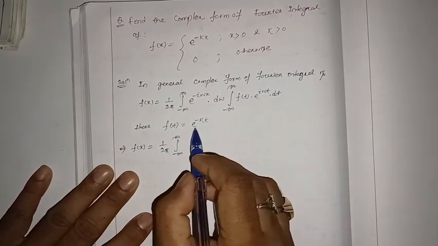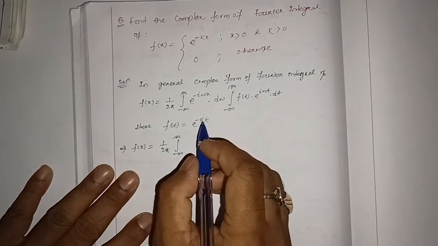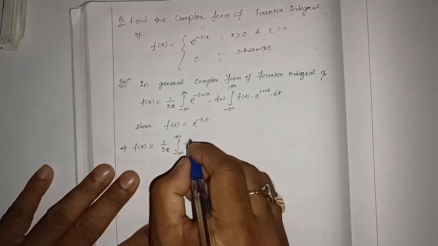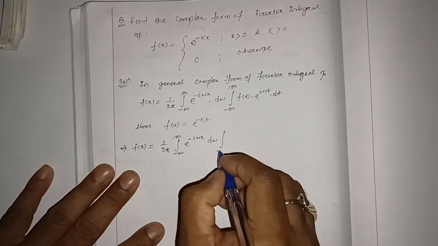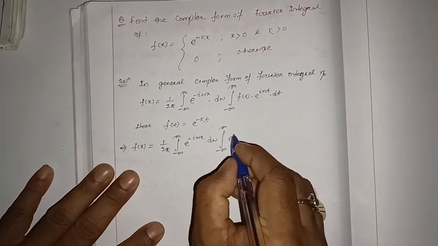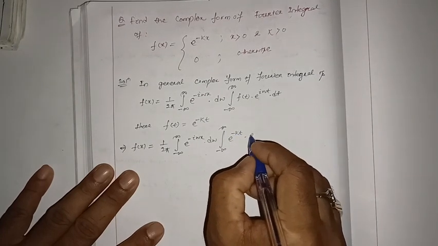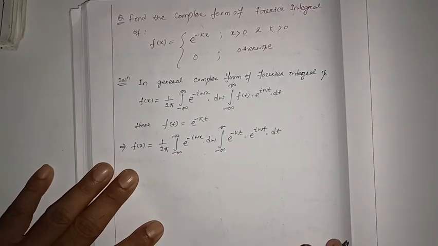Instead of f of t we have to write e to the minus kt. Then the other things we write as such: e to the minus i omega x d omega, and integral from minus infinity to plus infinity of e to the minus kt into e to the i omega t dt.